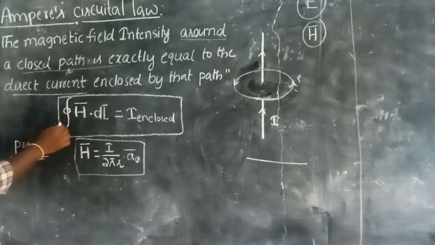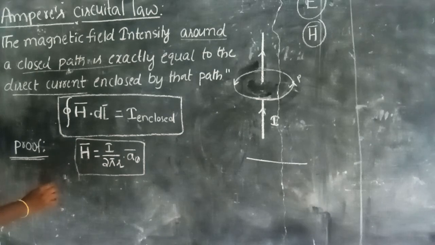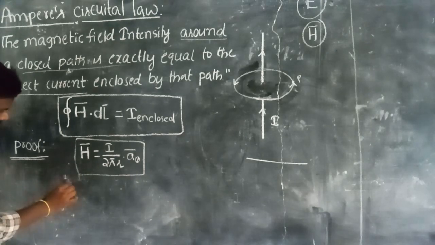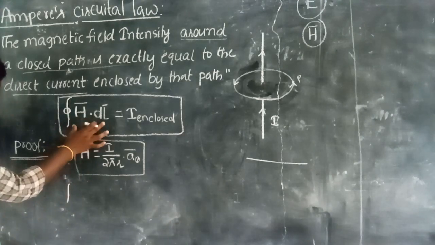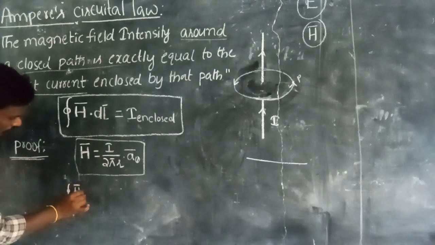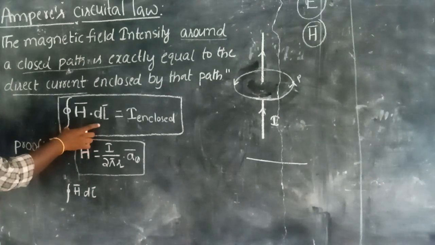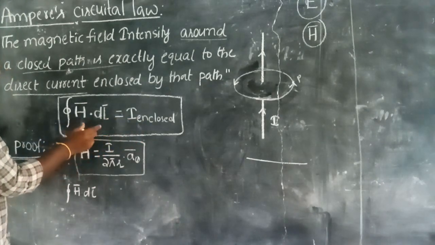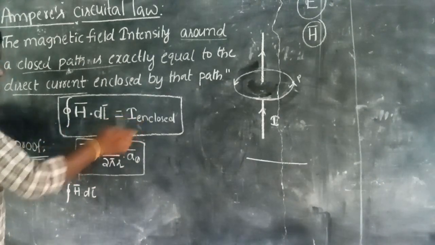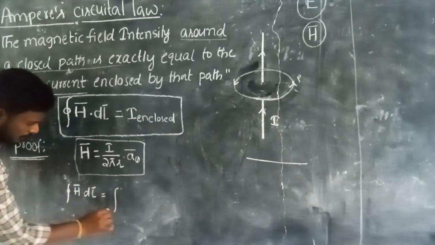Now see, what is the Ampere circuit law expression here? I am taking the left-hand side term, the circular integration of H bar dot dl bar, and I am proving this is equal to the right-hand side. What is the H bar here?